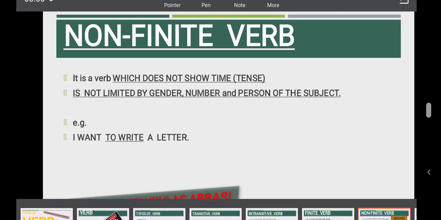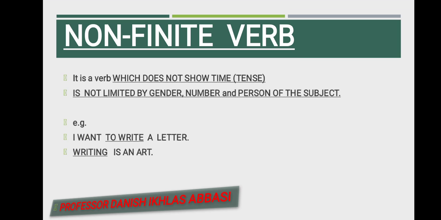And look at the second example. Writing is an art. Here the underlined word writing is a non-finite verb. It does not show us any tense, and it is not limited by the gender, number, or person of the subject. And look at the third example. He kept writing.